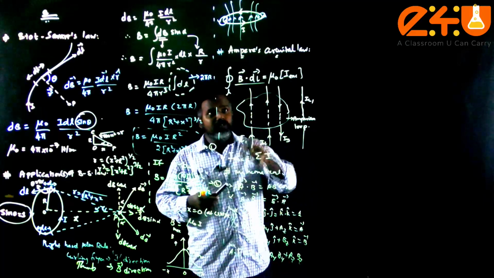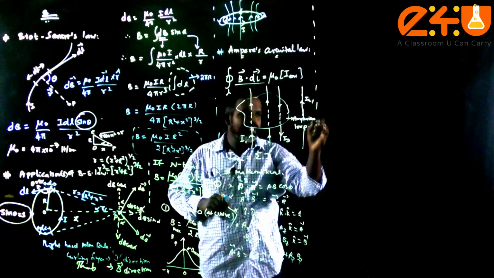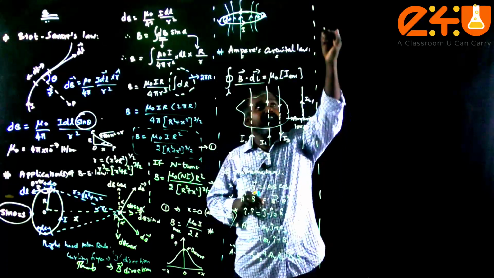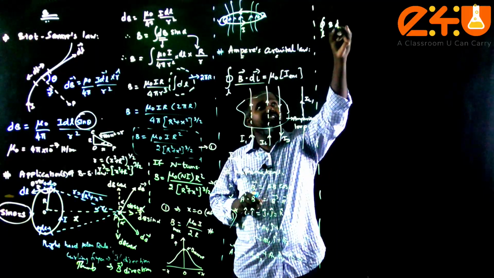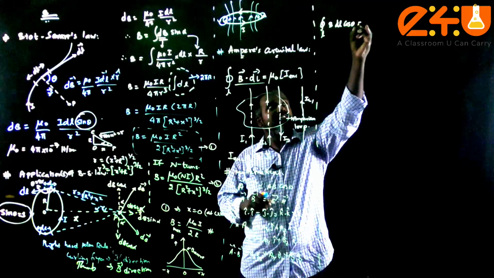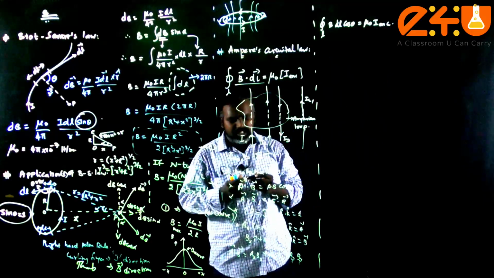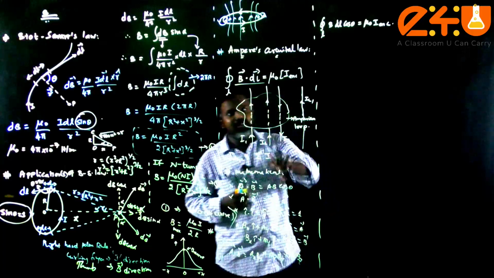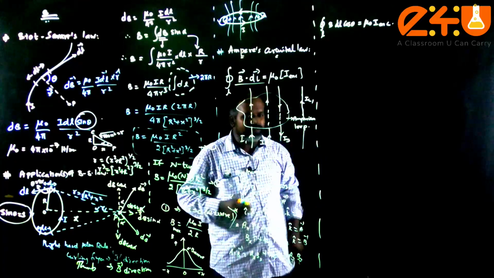Now we can expand this integration. Please see that the line integral of B dl cos theta is equal to mu naught I enclosed. Here cos theta refers to the angle between the magnetic field and the length element we consider.